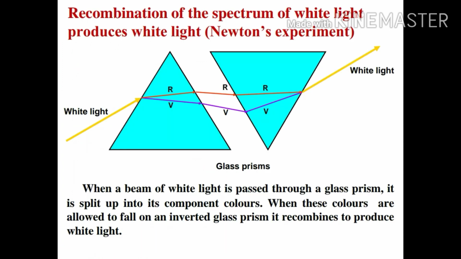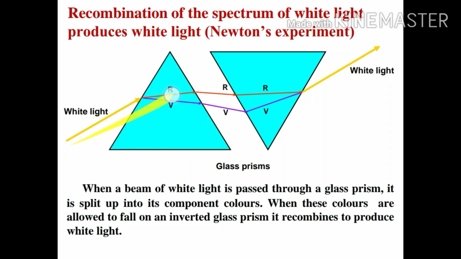Next is, this is also a very important question, Newton's experiment. This was in your CBSE 2020 exam: how can we recombine the spectrum which we get from white light when it passes through the prism? So we can get back the white light by placing another inverted prism in front of this prism.